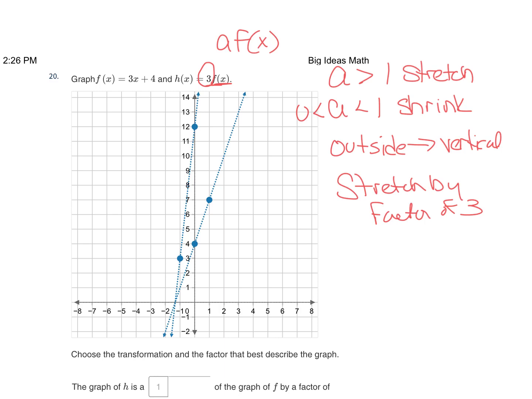Vertical stretch by a factor of 3. So on here, what you're doing is you're multiplying the whole thing by 3. So our new function would be 9x plus 12. Okay? So you can see that.